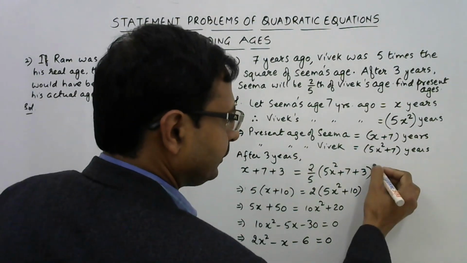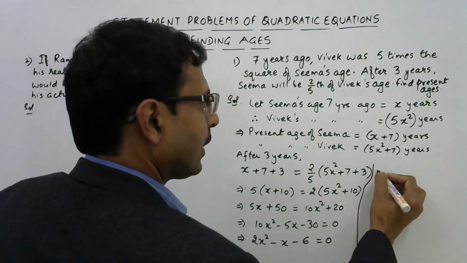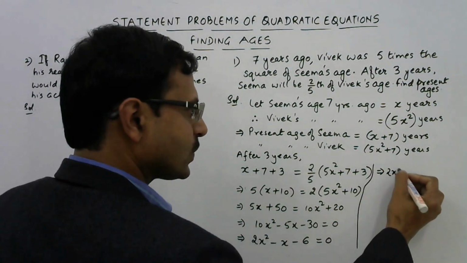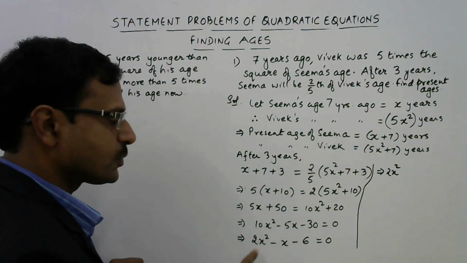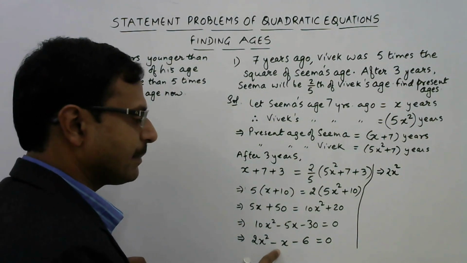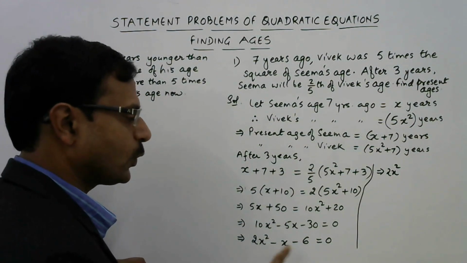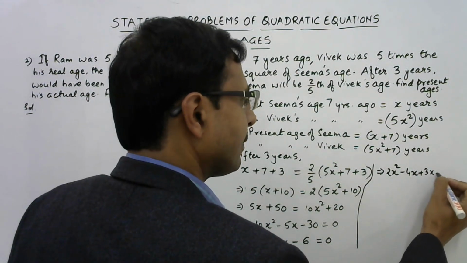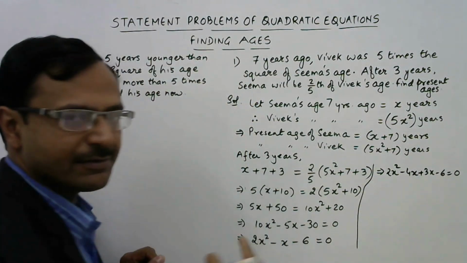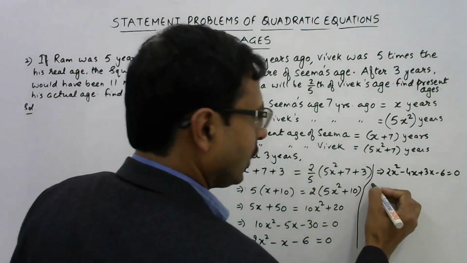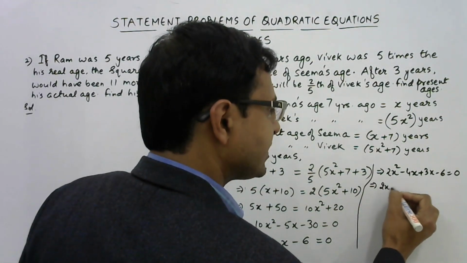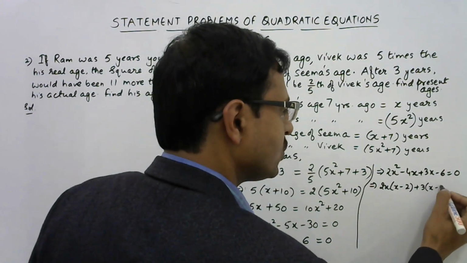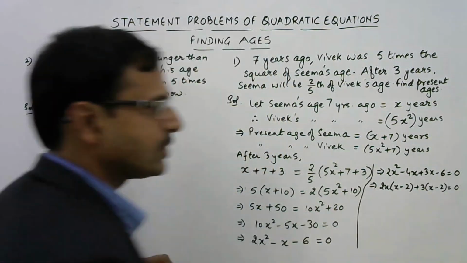Let's solve this one now. So I am writing here. Now middle term splitting, 2x square. Now I need two factors whose product is minus 12 and sum is minus 1. Very easy, minus 4 and 3. So minus 4x plus 3x minus 6 equal to 0. So I have split the middle term and now take common. 2x is common, x minus 2, plus 3 is common, x minus 2, equal to 0.